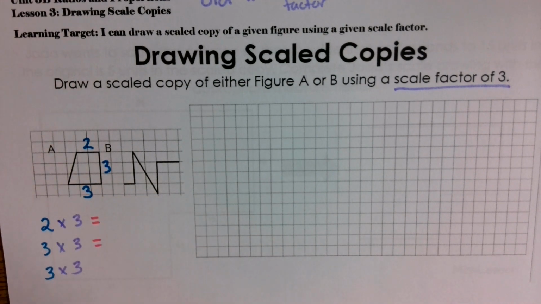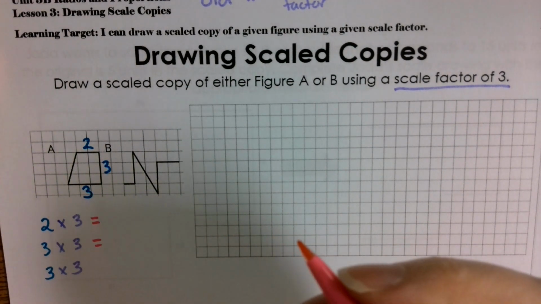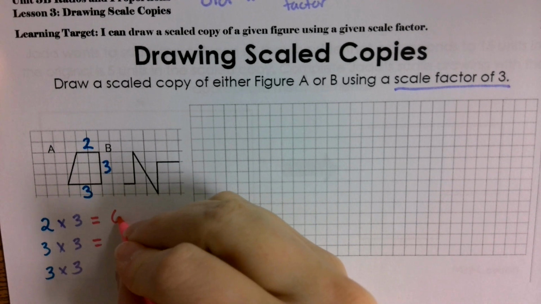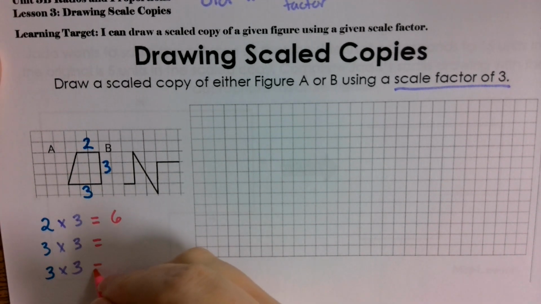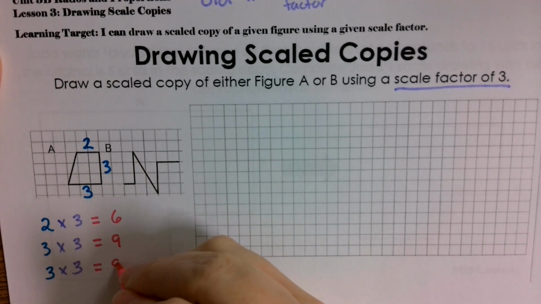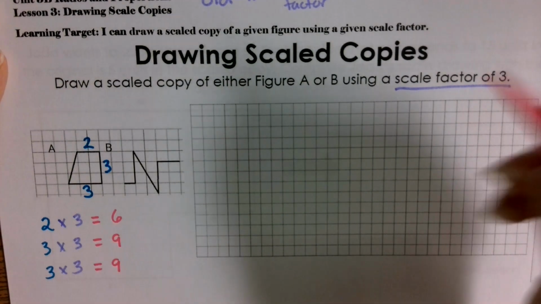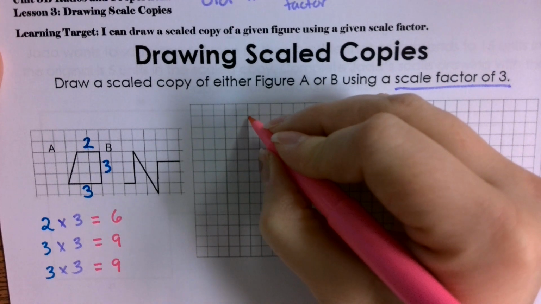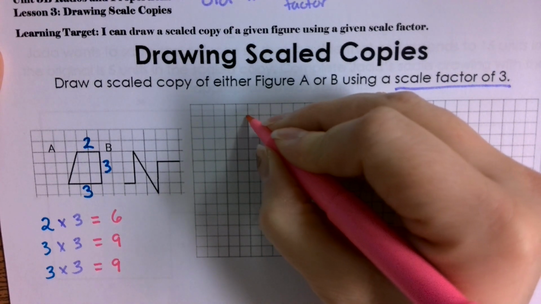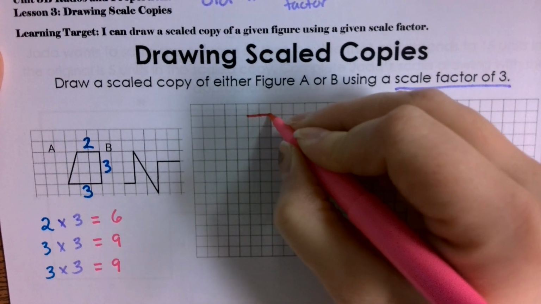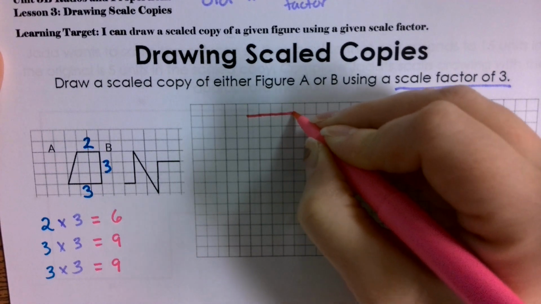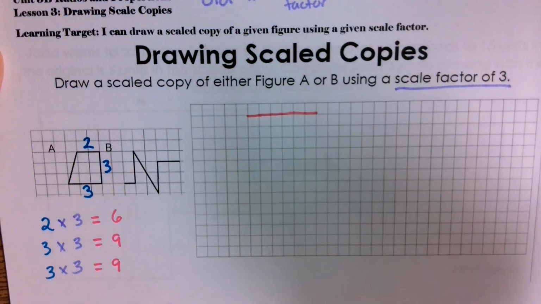What's 2 times 3? 6. And 3 times 3 is 9. So we'll get dimensions of 6, 9, and 9. So when I'm drawing this, I'm going to go 6 apart. So 1 box, 2, 3, 4, 5, 6.